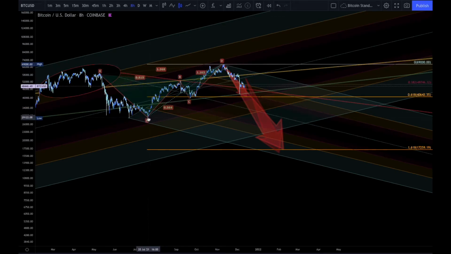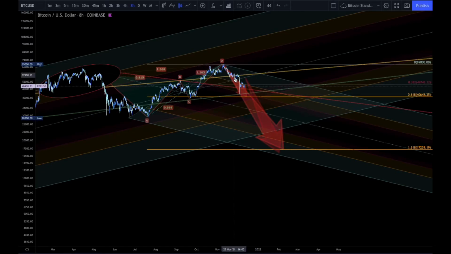If we take this Fibonacci retracement here, the downside targets are going to be this 0.382, which we have hit, this 0.618, which I believe we would have hit if not for this line of support that is very structural and fundamental that we hit sooner.